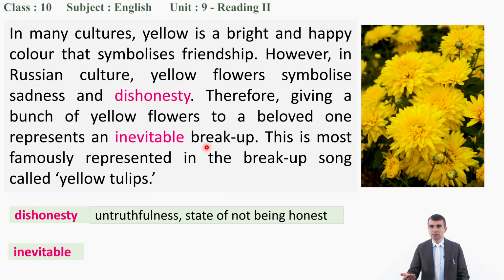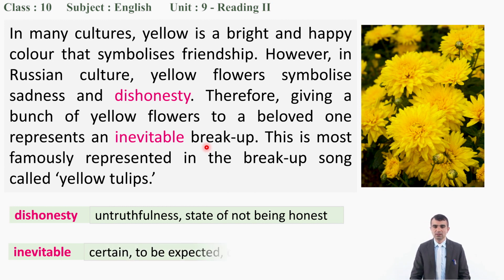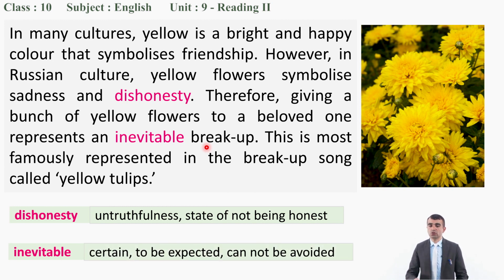Inevitable means certain? Yes, certain, to be expected, cannot be avoided, that is inevitable. So, are they taken as good flowers? No. Okay. So, yellow flowers are not taken as good flowers in Russian culture. Why? They are a symbol of breakup.